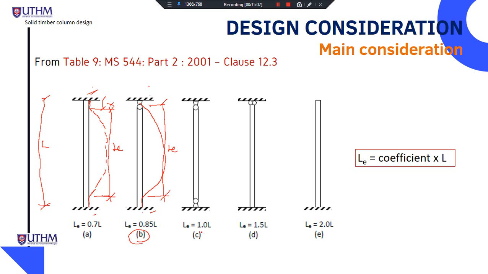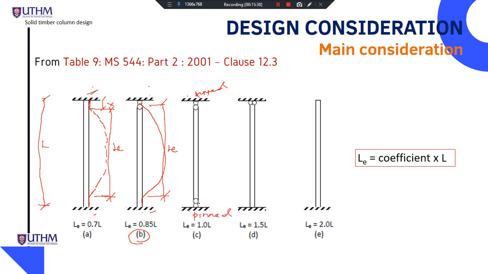So next is the restraint at both ends. Both are restrained in position here, but not in direction, so it can easily move in horizontal direction. So our buckling shape is for the pin column, pin support. So here is pin support.